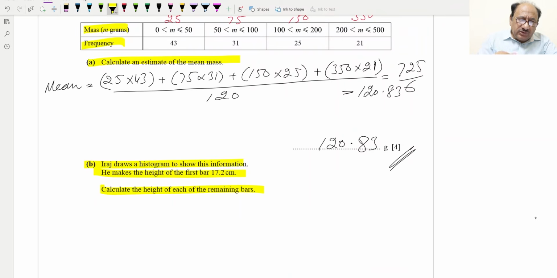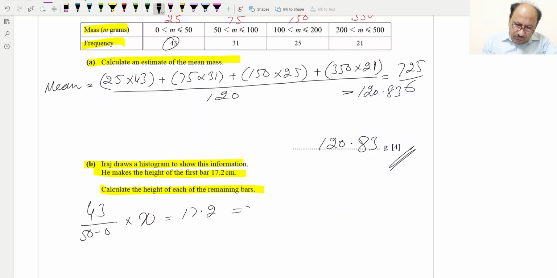So for the first bar, its frequency is 43, so frequency divided by the class width, which is 50 minus 0, and multiplied by some number x, and we should get 17.2.